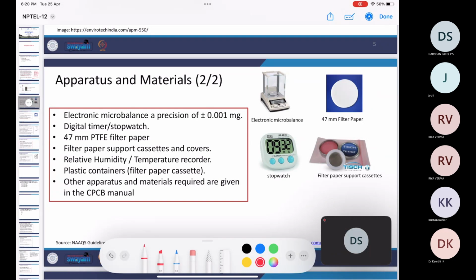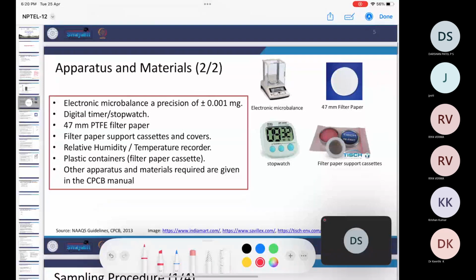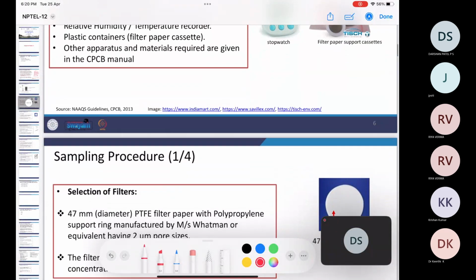Then we have filter paper support cassettes and covers to place this filter paper, because we can't place it on any normal surface, as it may have some amount of particulates present on it, and those may get stuck onto that filter paper. So we need these support cassettes and covers. Then plastic containers, a relative humidity or temperature recorder, and other apparatus or materials that are given in the CPCB manual.